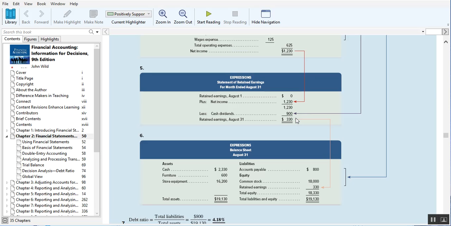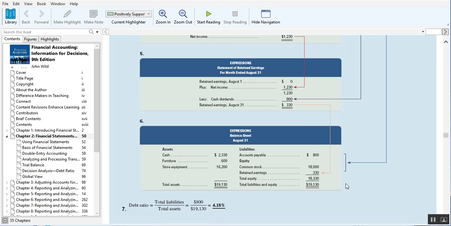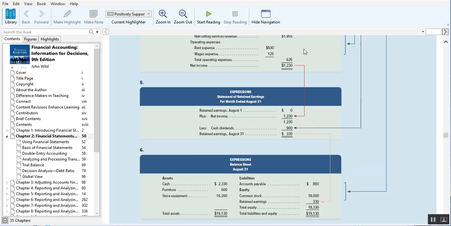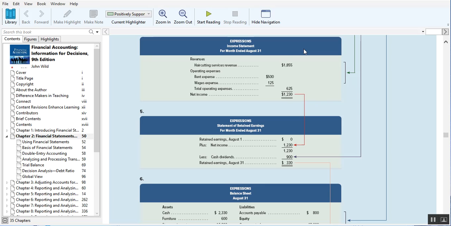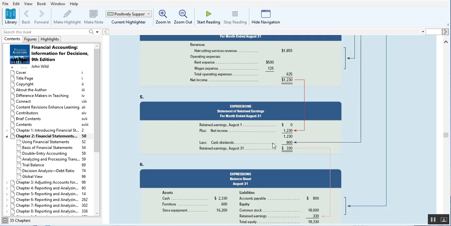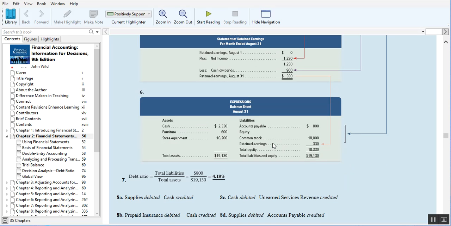And here we have a balance of 330. That will then go into the balance sheet with the common stock to present the total equity amount that we have. So the first financial statement is net income. The second one is retained earnings. The third one is the balance sheet.